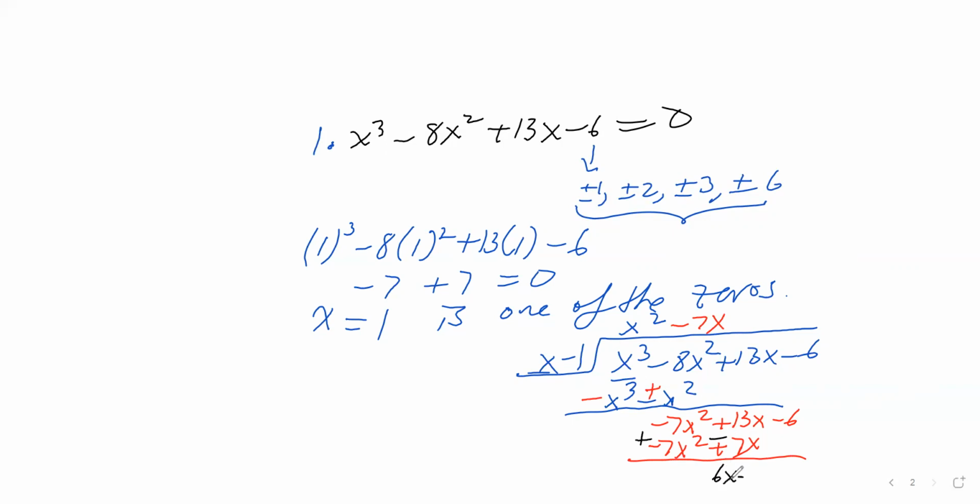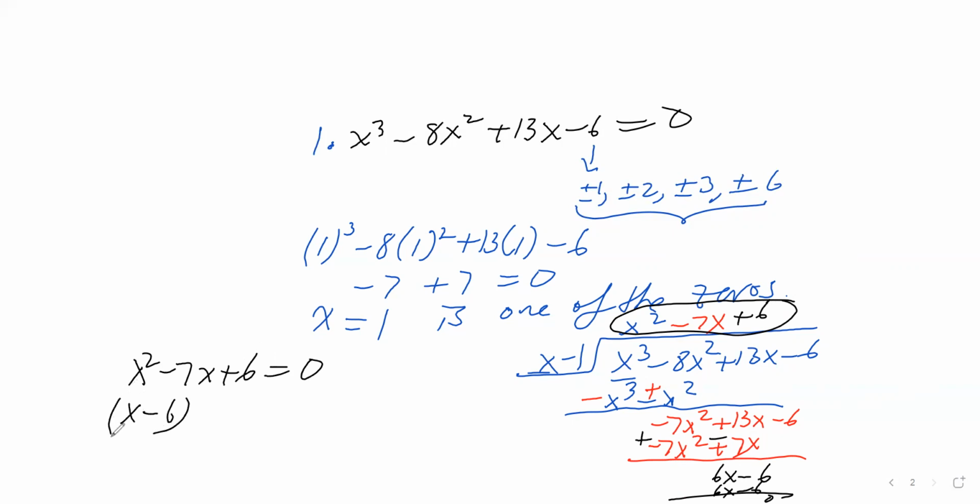This will be 6x minus 6, and then it will be 6, so 6x minus 6. When you subtract it, you get 0. So this is the other factor, and I'll set that to 0. So x squared minus 7x plus 6 equals 0. And this will be x minus 6 times x minus 1 equals 0 when you factorize it, and when you solve it, it's x equals 6, x equals 1.